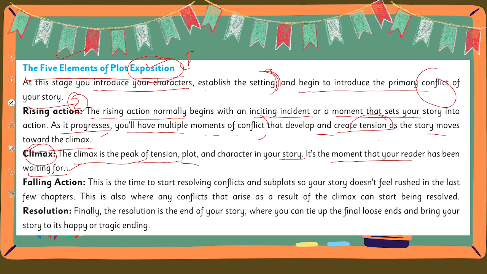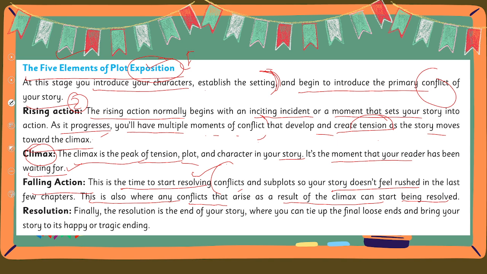Then you have the following section, where it is time to start resolving problems or conflicts that the writer elevates in the story and subplots, so your story does not feel rushed in the last few chapters. This is also where any conflicts that arise as a result of the climax can start being resolved.